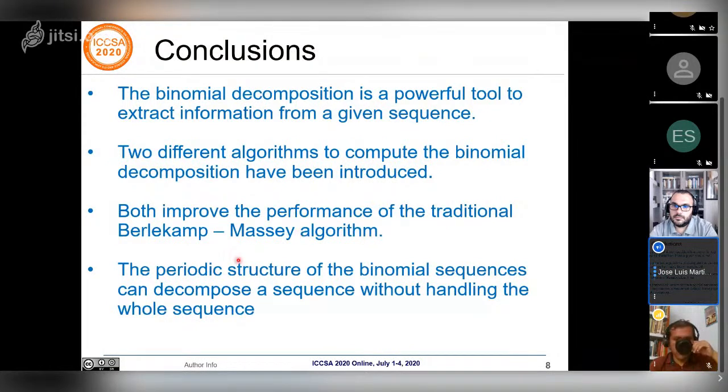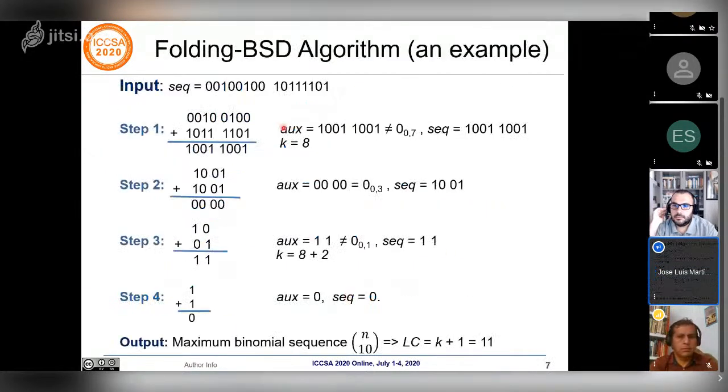And we can see how the periodic structure of the binomial sequences can be used to improve our algorithm. Maybe there is further work on this topic, because we think we can improve the performance of the folding BSD algorithm.